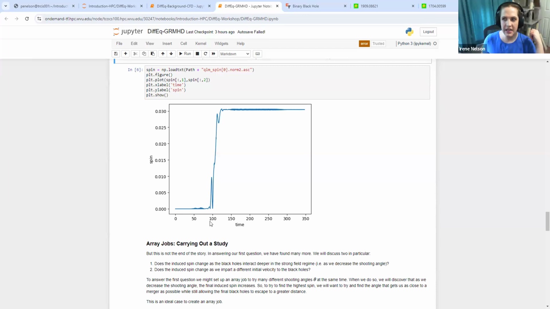I do believe that this is physical, but I also think in this case that this spike up and then back down, as I recall, is because it actually briefly goes in the other direction at first, but this is taking the absolute value, which is why it's all positive here. Okay.